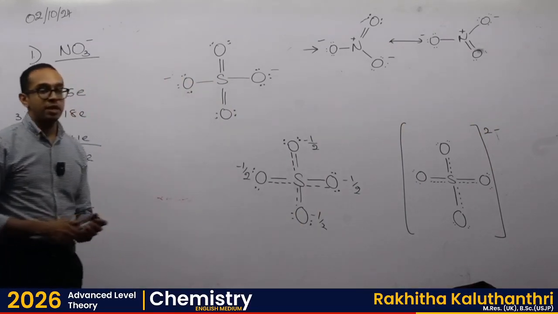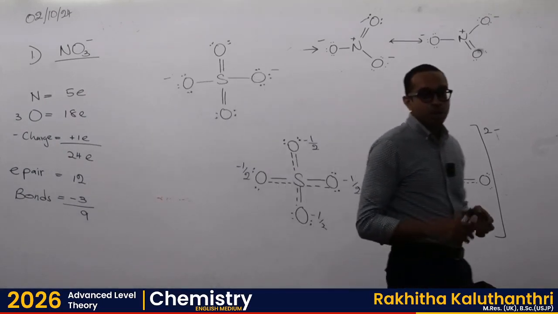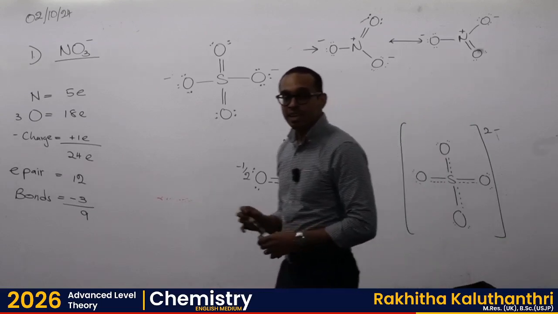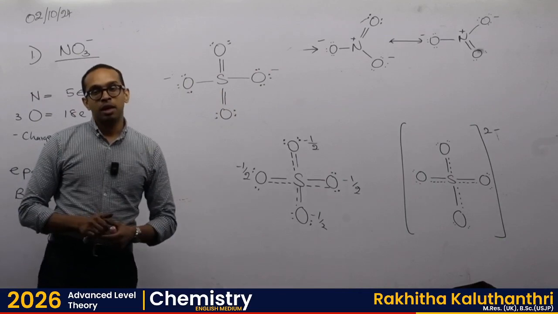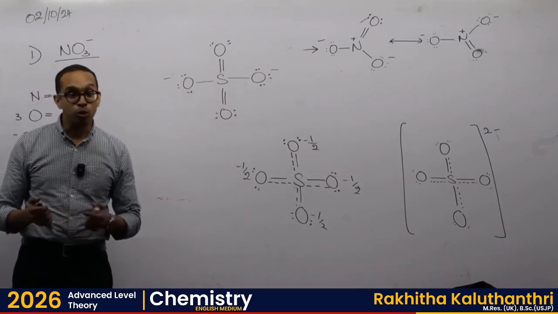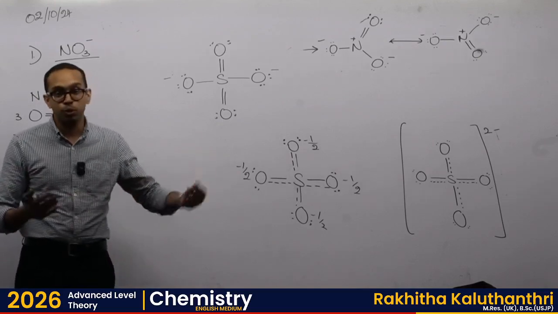Right, so these are equivalent resonance structures. Most of the time when you are asked to draw a resonance hybrid at your level, it would be equivalent resonance structures. If they give you non-equivalent resonance structures, they wouldn't ask you to draw a resonance hybrid. Why? Because you don't know the contribution. You don't know which one contributes how much. You can only say it contributes more.